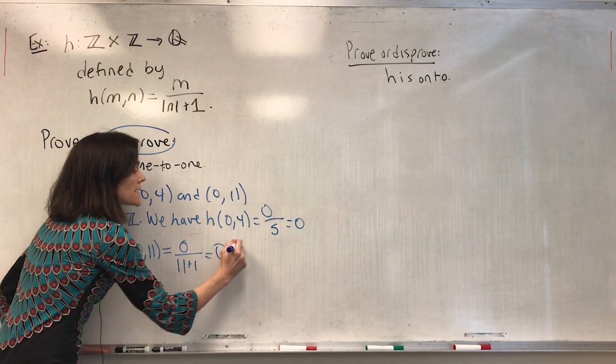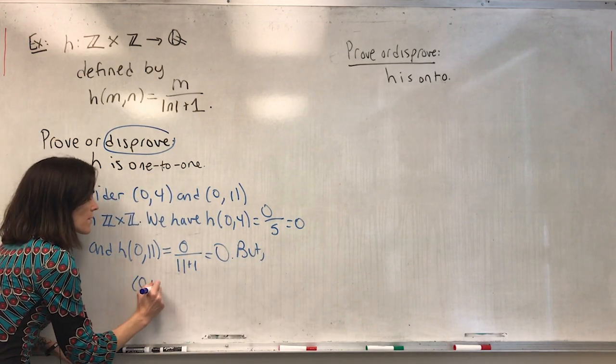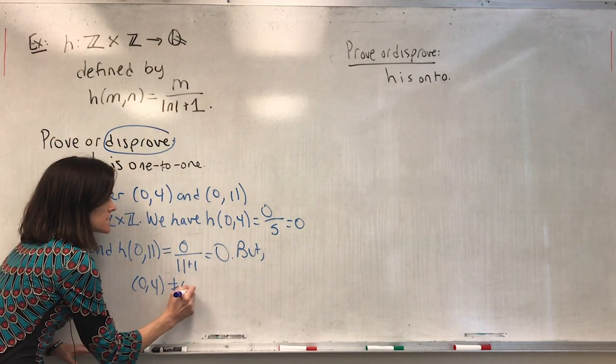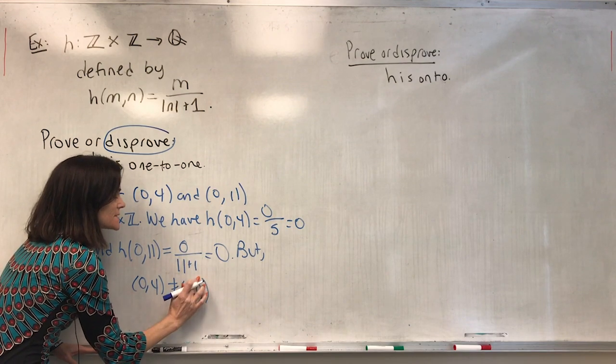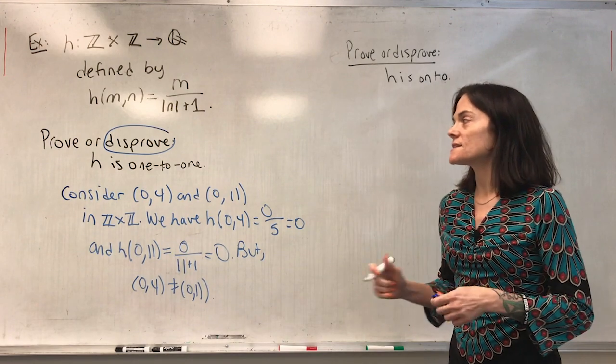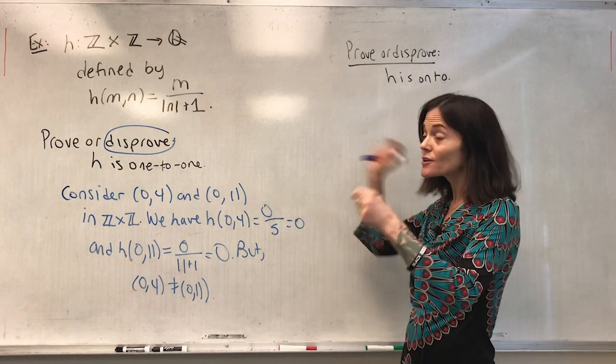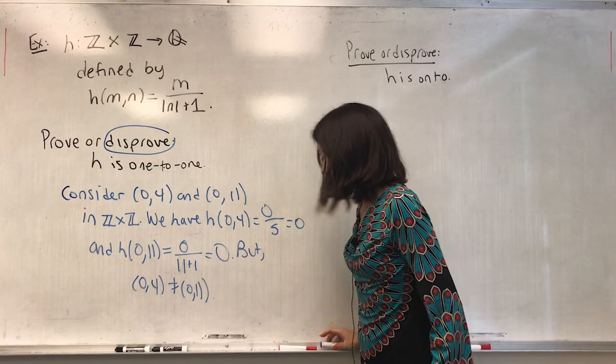But (0, 4) is not equal to (0, 11). And so this is a justification for why this function is not 1-to-1. You could have many other examples, but this is one. We have two different elements that map to the same thing.